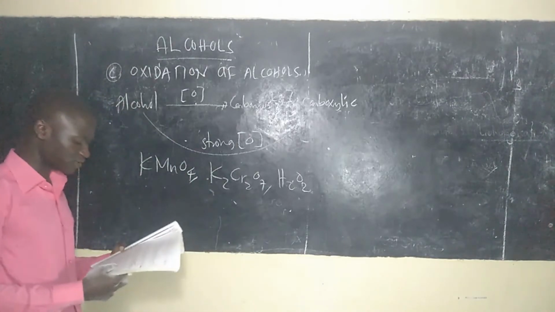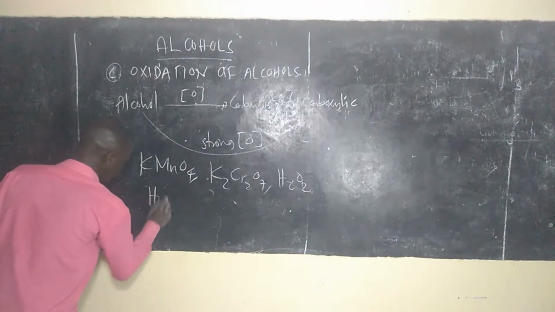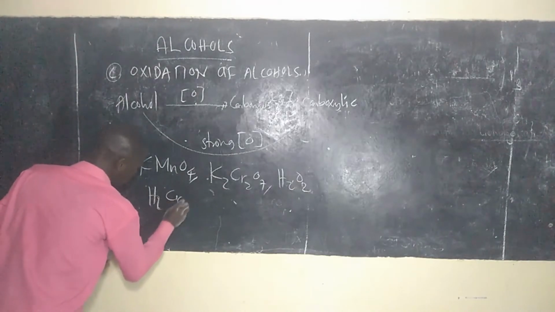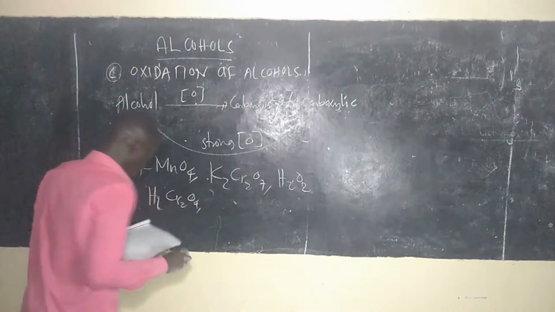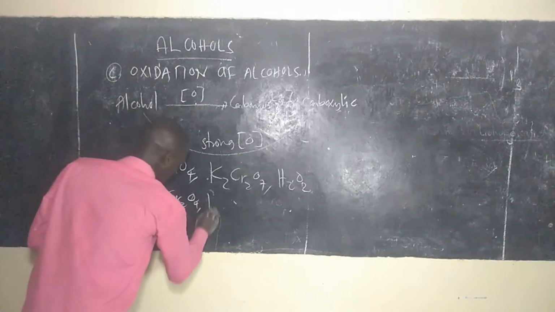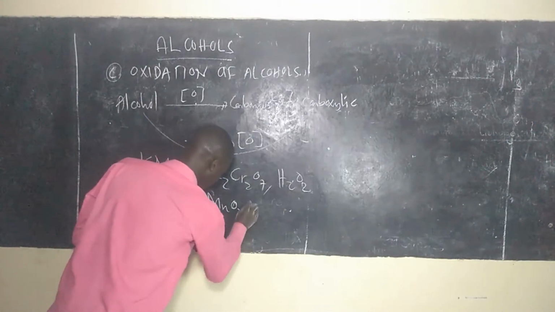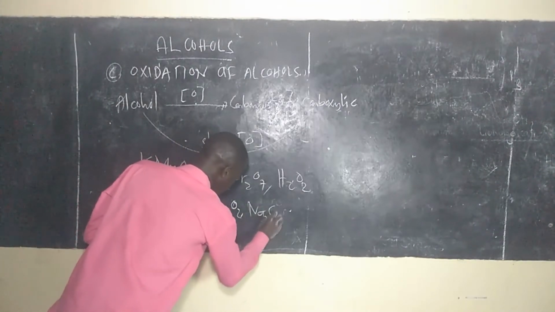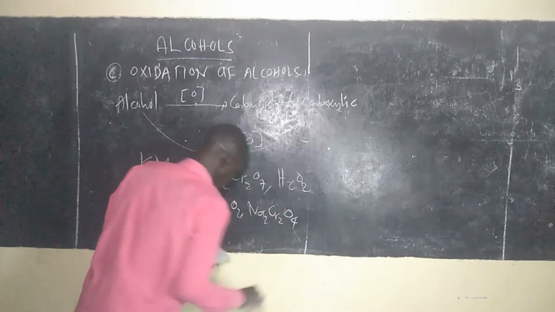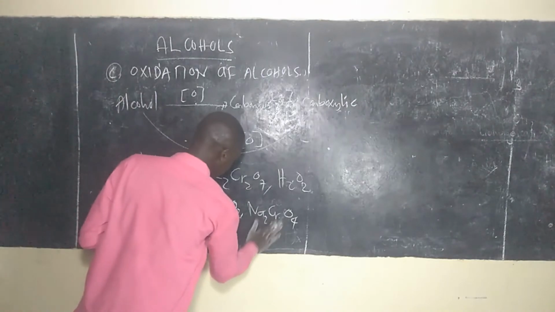Lakini tuna weak oxidizing agents such as H2Cr2O4. Another weak oxidizing agent is MnO2, manganese dioxide, and sodium. Hizo ni mifano ya weak oxidizing agent.